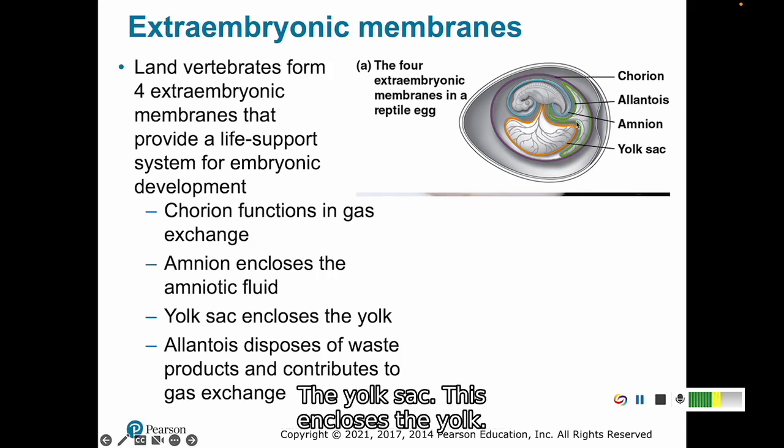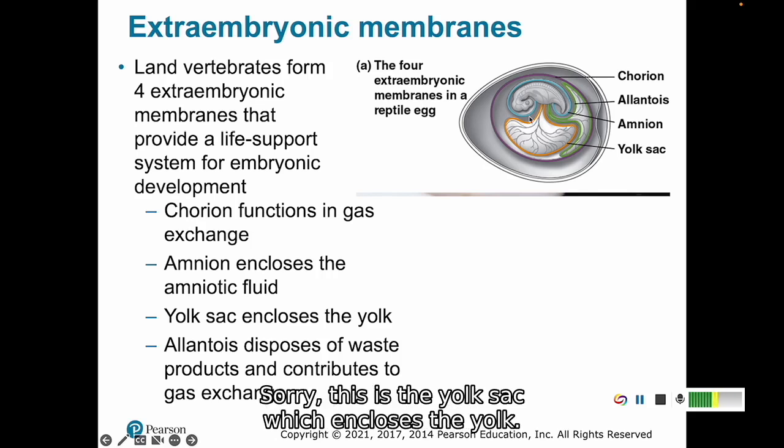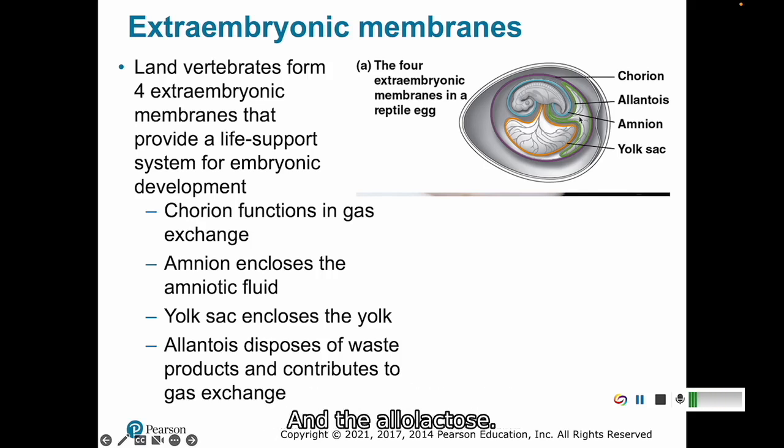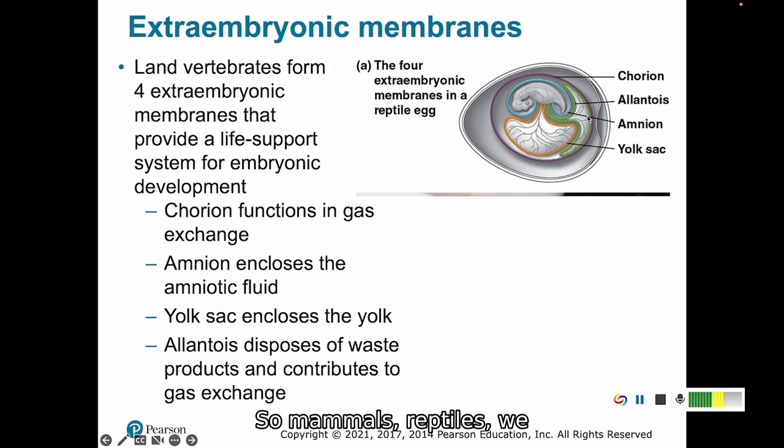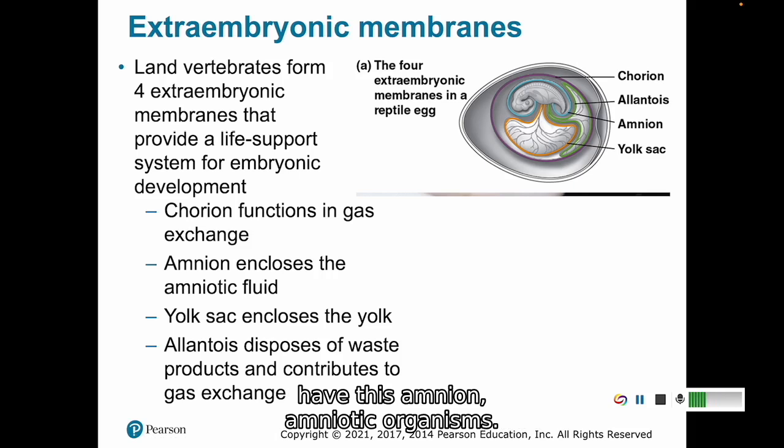The yolk sac, this encloses the yolk. And the allantois. And the allantois is going to dispose of waste products and contribute to gas exchange. Okay, so mammals, reptiles, we have this amnion. So we are amniotic organisms.